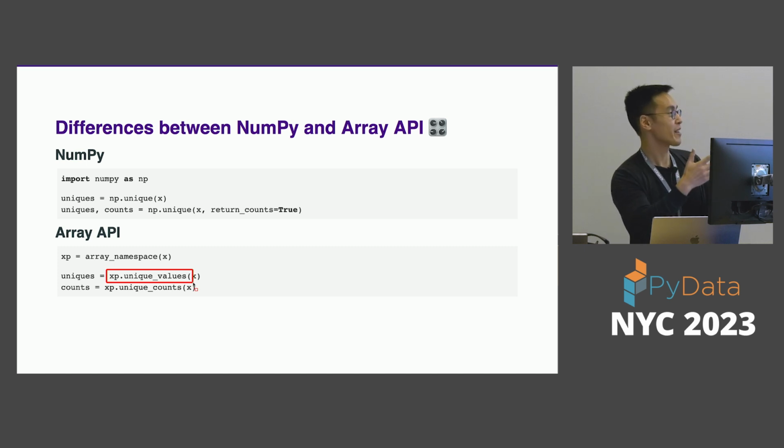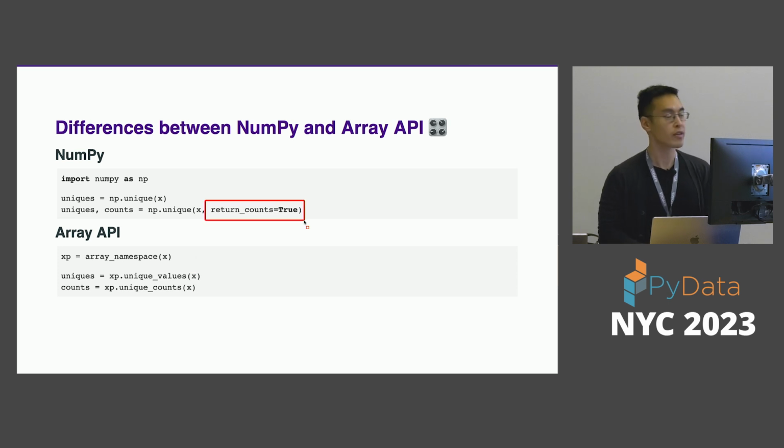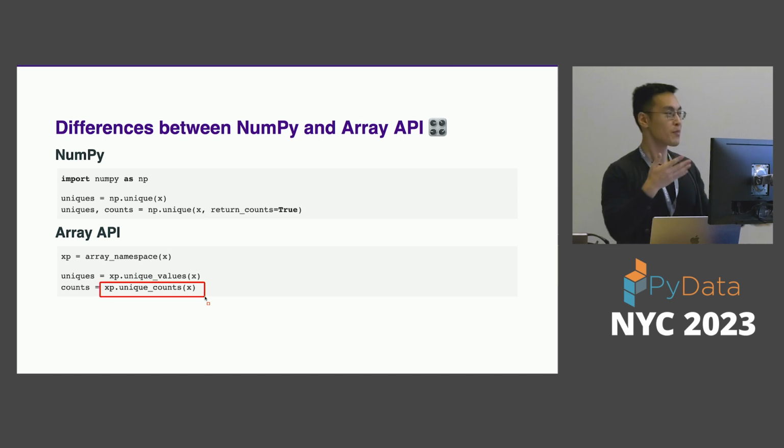This is a common pattern: sometimes the API has different method names than NumPy, so you have to transition. It also doesn't have these return keywords because, if I put on my software design hat, having a keyword argument that changes the number of values your function returns is a bad pattern. So Array API doesn't have that either. You need to call unique_counts. So, those are differences in API.